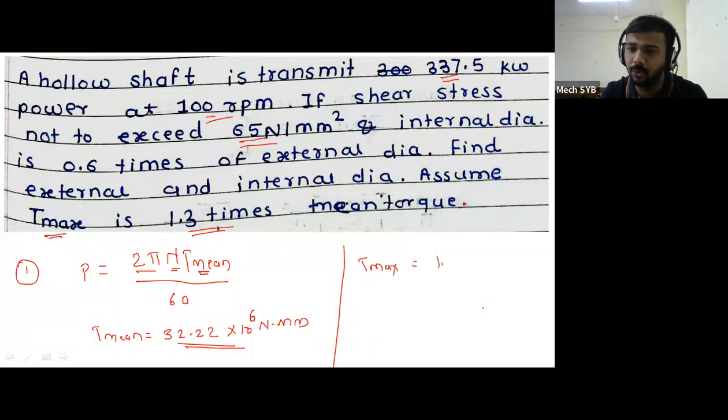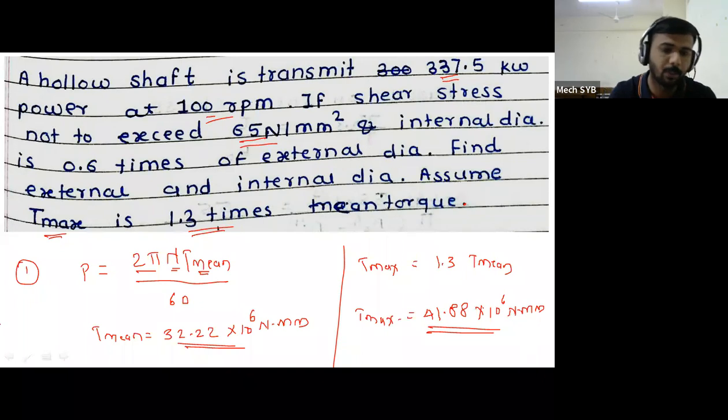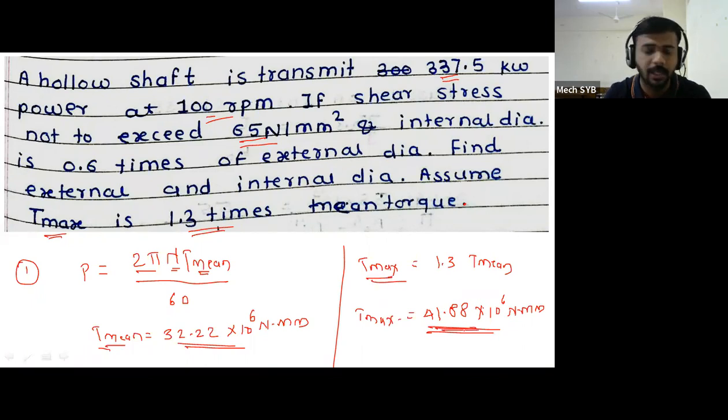Then you have the T max relation: T max is equal to 1.3 into T min, and this T max value you will get as 41.88 into 10 raised to 6 Newton mm. Up to this, the calculation is very simple. We use the power formula, calculate the T min value, put that T min value in the relation mentioned in the statement, and calculate the T max value.